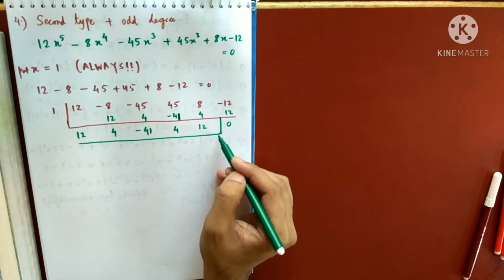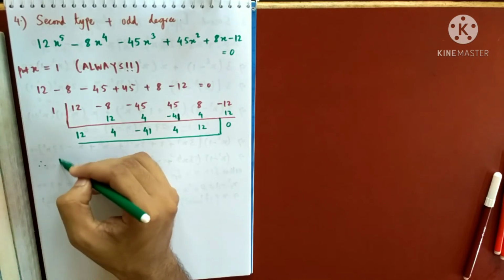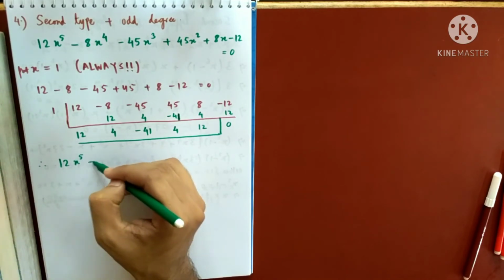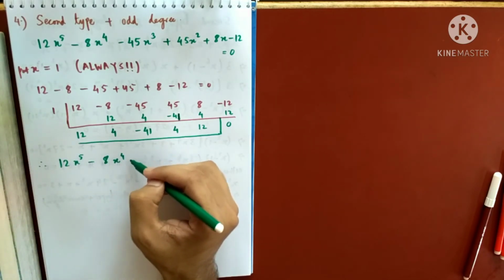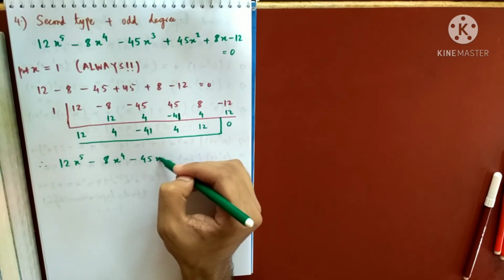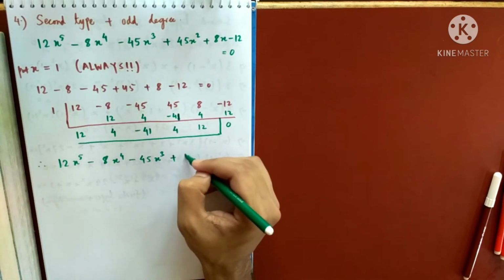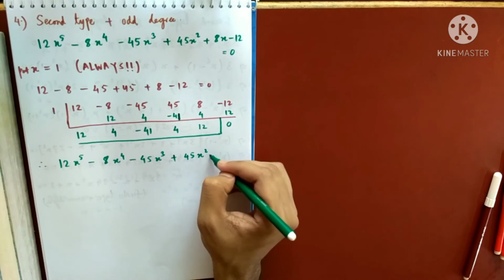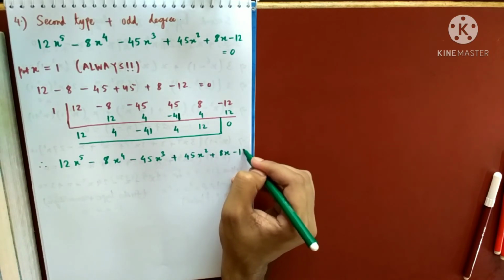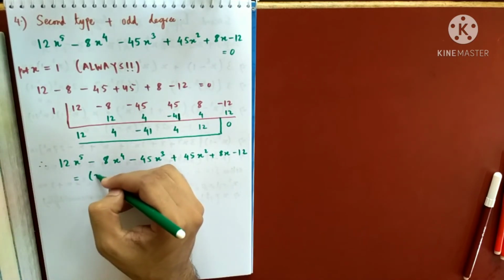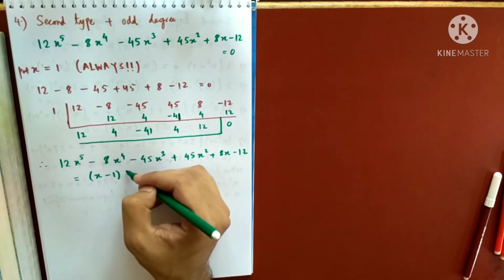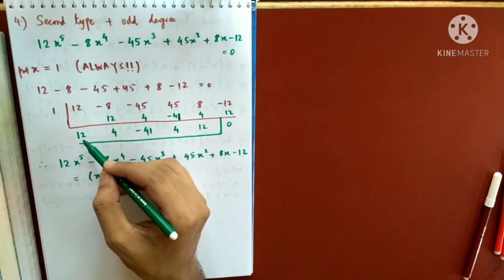Therefore, the given equation can be rewritten in the form x minus 1 times the quotient with degree reduced.